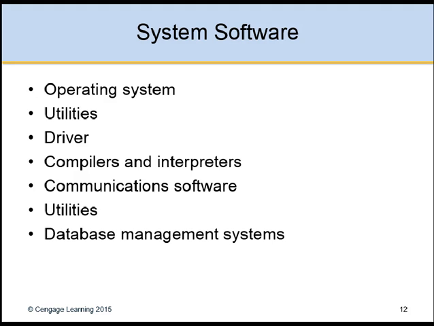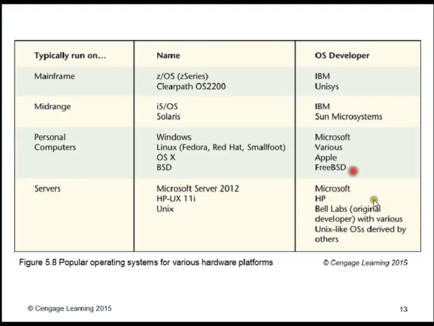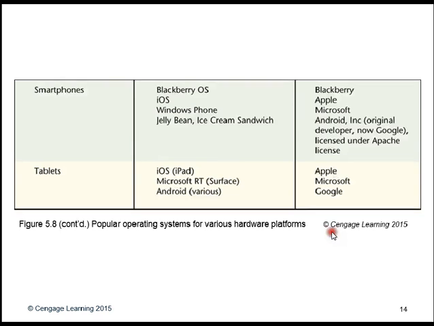Operating systems are noted for their stability, and the most stable include Unix, the Mac OS X, and Linux. So here's a graphic of popular operating systems for various hardware platforms. And continuing on to smartphone and tablet operating systems.